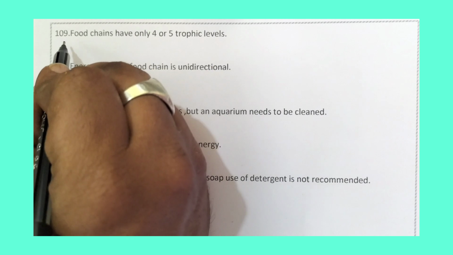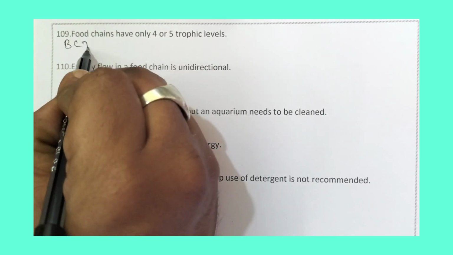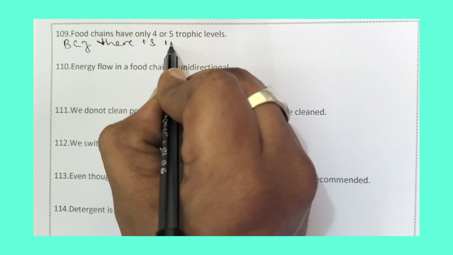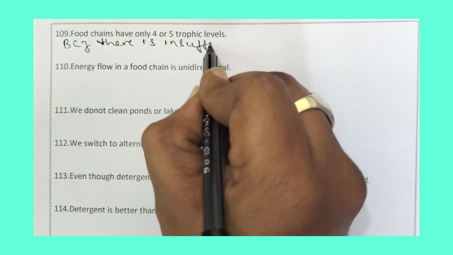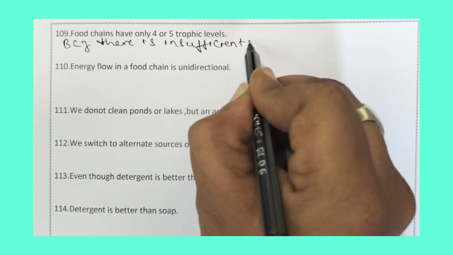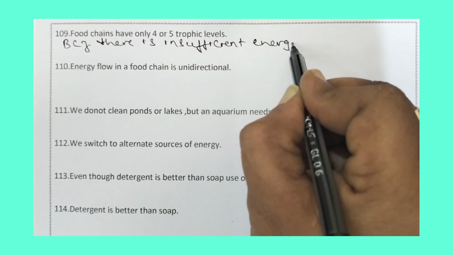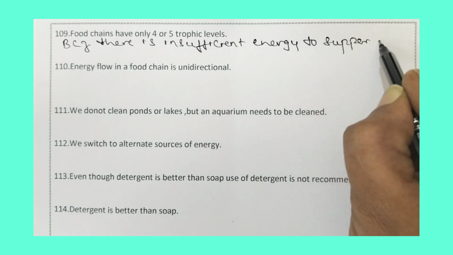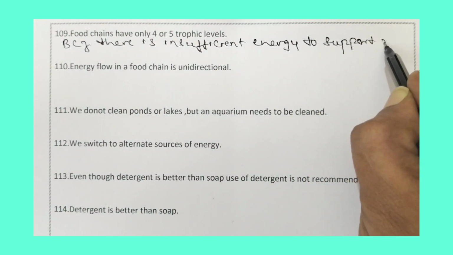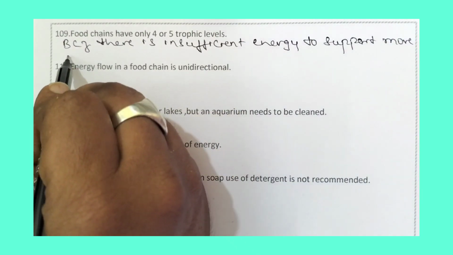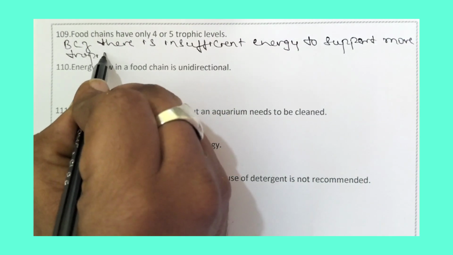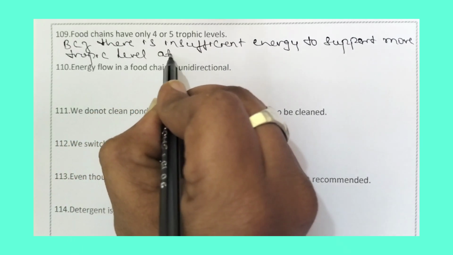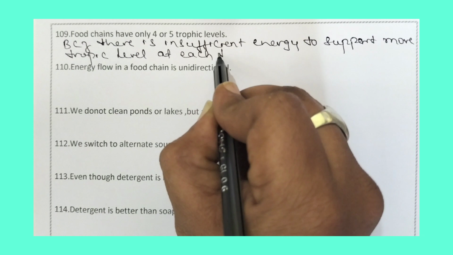Why? Because there is insufficient energy to support more trophic levels.